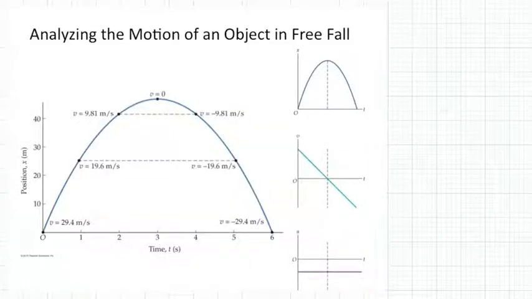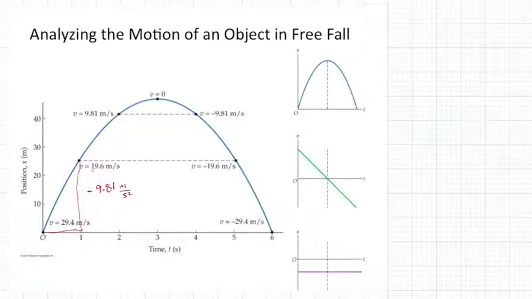And lastly, let's just finish this out right now. We can see that if an object starts at, say, 29.4 meters per second, now there's a reason for that this was picked right here, and that is you can see that every second that goes by, the velocity is decreasing by 9.81 meters per second.